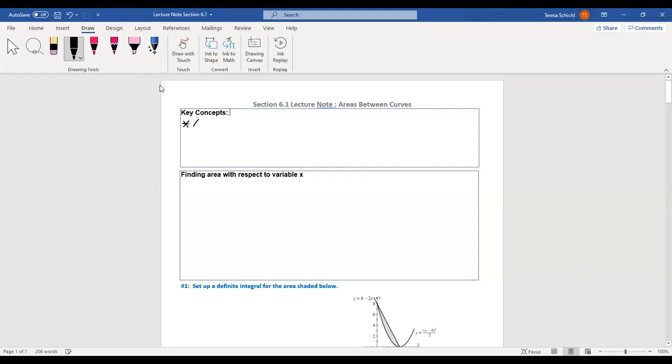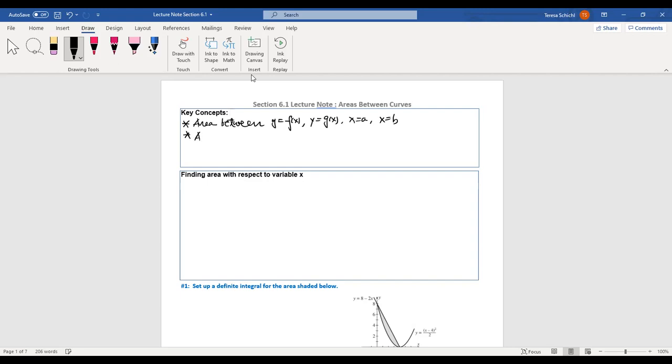The first key concept is we're going to find the area between y equal to f of x and y equal to g of x, and x is from a to b.